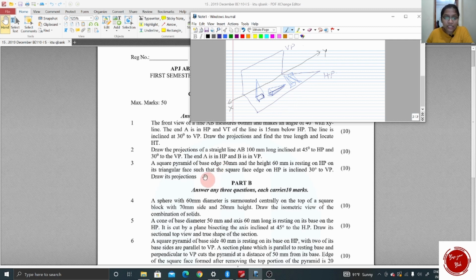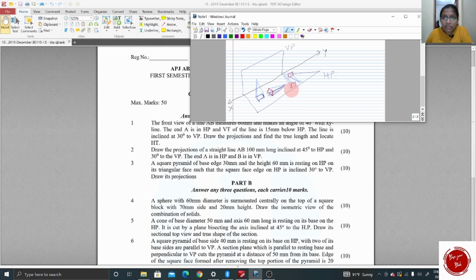Okay, such that the square face edge on HP is inclined 30 degree to VP. Square face edge means base edge, it says. So these are the edges. This is a square face edge. Also here are the square faces. This is also the square face.